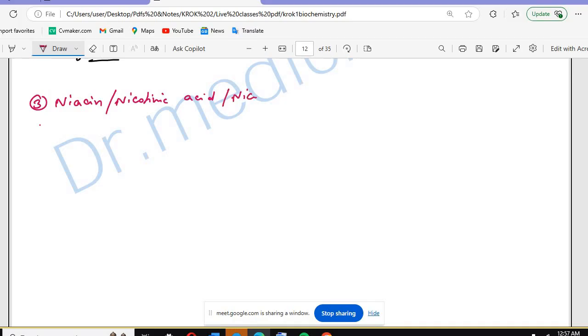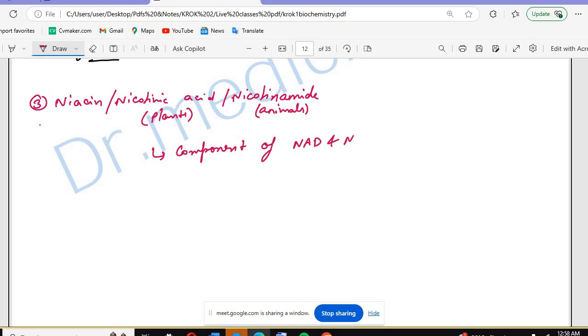This is the component of NAD or NADP, and they are responsible for carbohydrate, protein, and lipid metabolism.